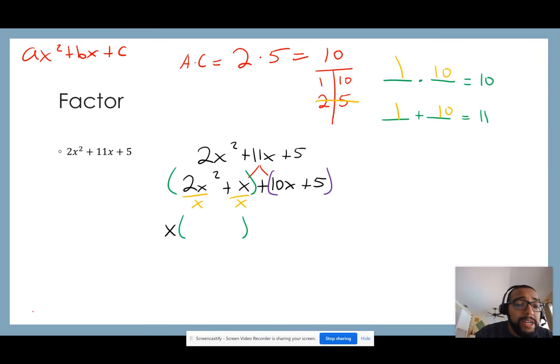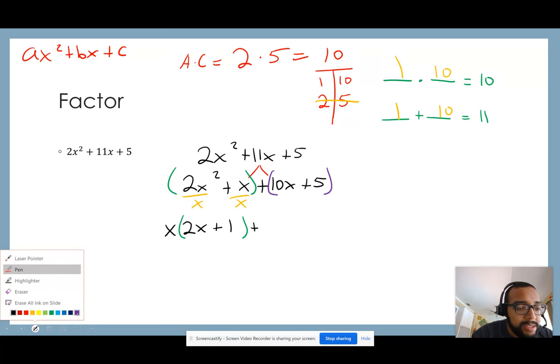So 2x squared divided by x, that's going to end up becoming 2x. And then x divided by x would be just 1. Remember, anything divided by itself is just 1. Well, except for, I guess, 0 divided by 0. That's something else. Okay, cool. So I factored out an x from that first part in the green parentheses. Now let me worry about that purple set of parentheses. So purple.